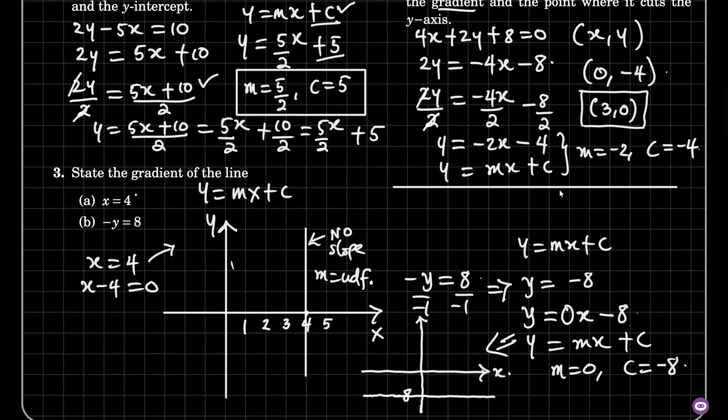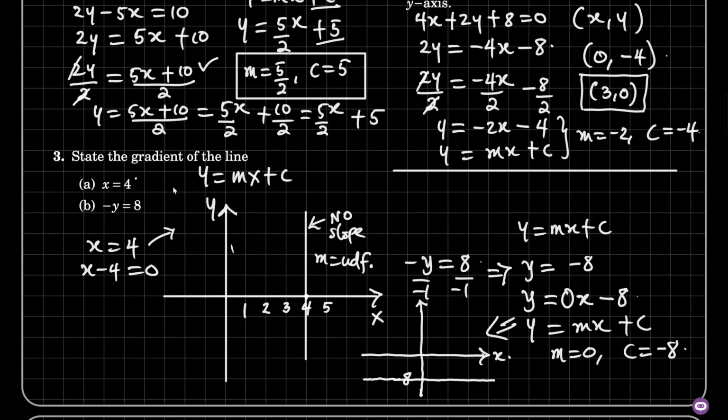Okay, so question 3. So basically the idea is this. You don't have to go through the complex stuff. If you have x is equal to something, that is maybe x is equal to 4 or x is equal to 3, you don't have anything that has to do with y. Okay, no y component.